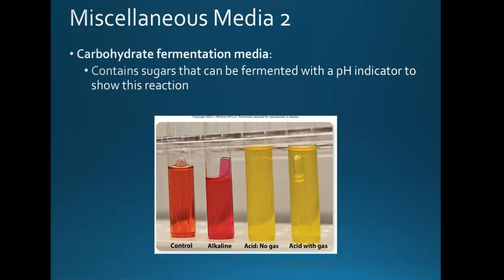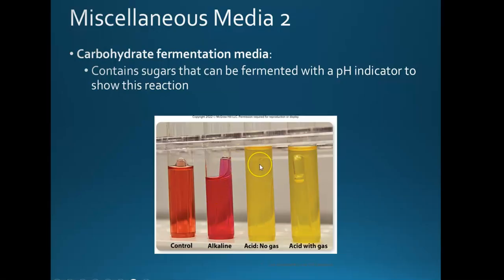We've got carbohydrate fermentation media. We were just talking about microorganisms being able to ferment or metabolize certain carbohydrates, and then we can see changes in the media. This is showing going from alkaline or a base to an acid that could be produced.